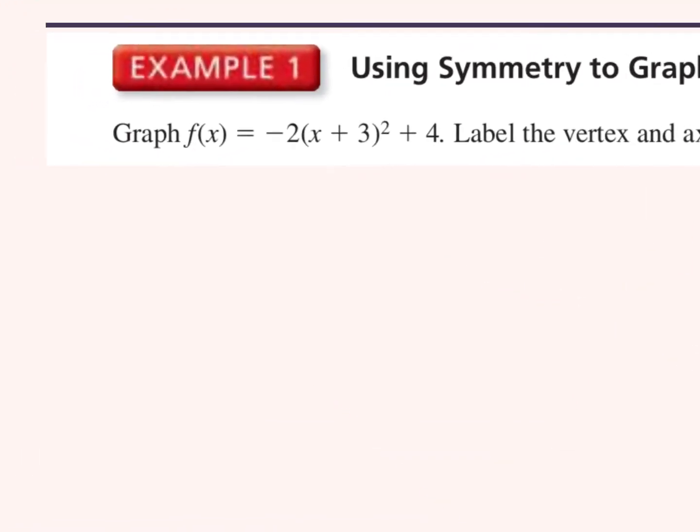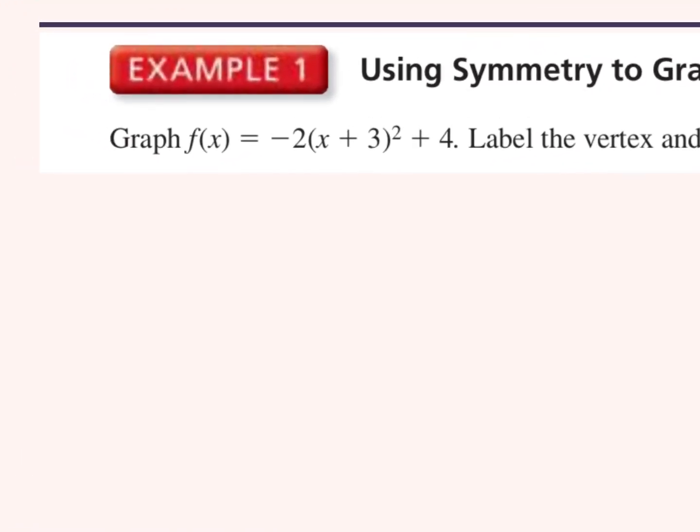This graph is already in vertex form, so I can clearly identify what my vertex is. What is my vertex? Perfect. It comes from what we're adding inside and what we're adding outside, but we always have to change the sign of h. So it would be negative 3, 4.